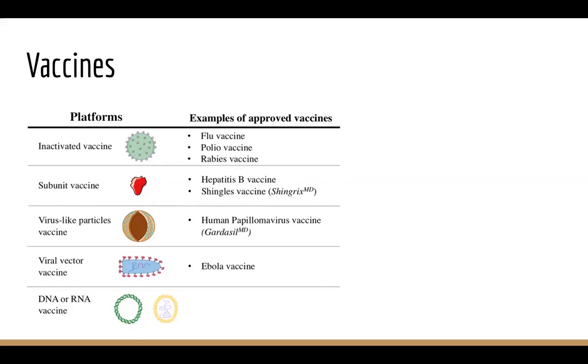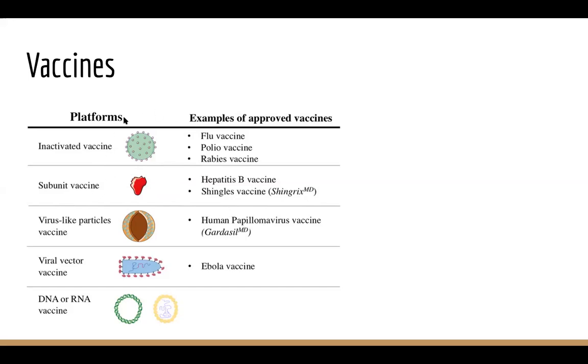And he hypothesized that if you expose a small piece of the virus to an uninfected individual, this person will develop immunity. Subunit vaccines typically use proteins nowadays. We talked about cloning. We can grow the protein in a bacteria, isolate it, and then use it to create a vaccine.